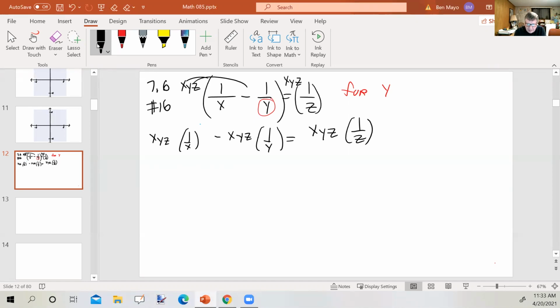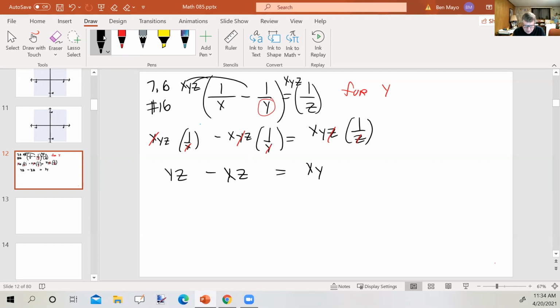Any questions about that? No. All right, going through and simplifying, the x's will reduce out here, giving me yz, minus the y's will reduce out there, giving me xz, equals the z's reduce out here, giving me xy.